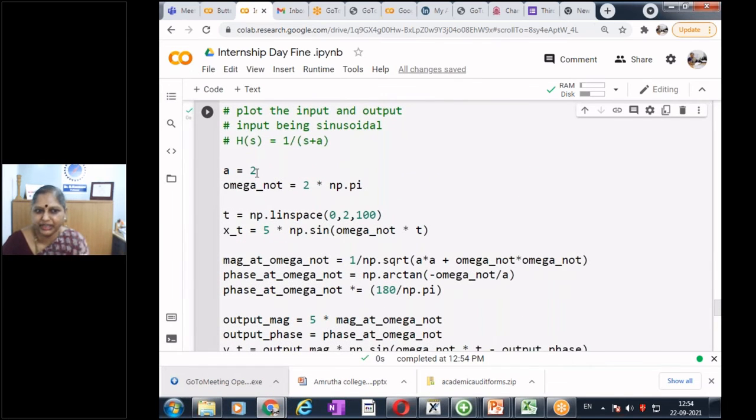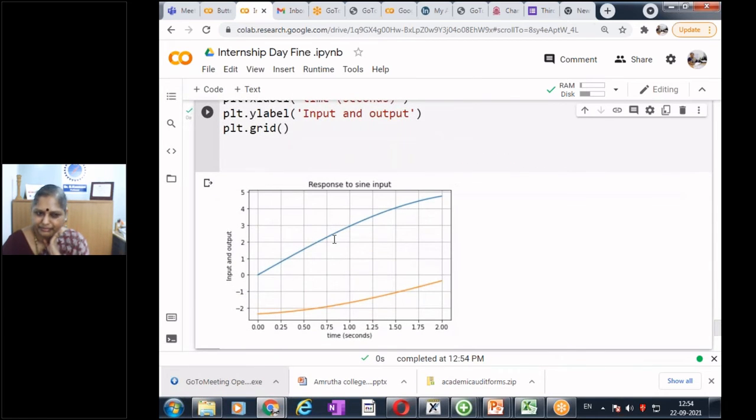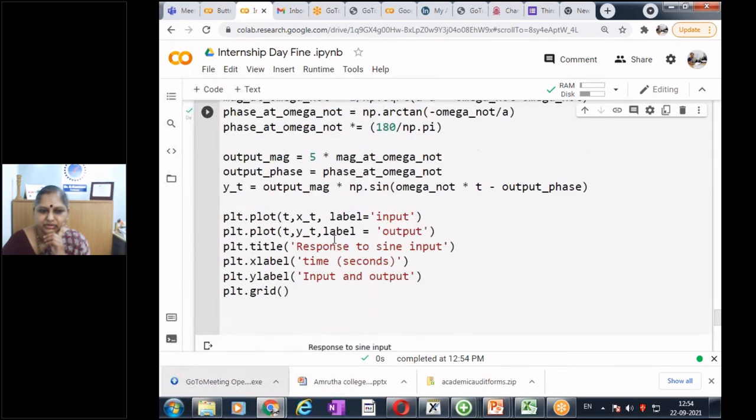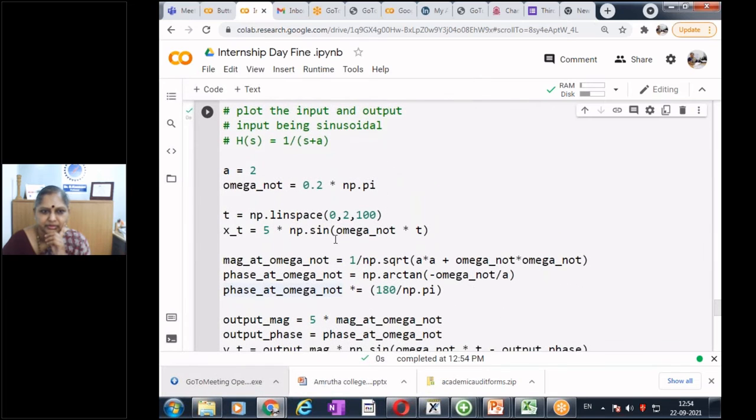Let me retain my A. Let omega naught, which is 2 pi, be 0.2 pi instead, and let us see what happens. We are not able to see because it's very small.